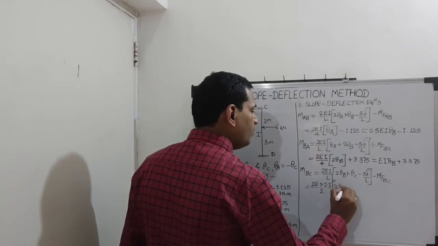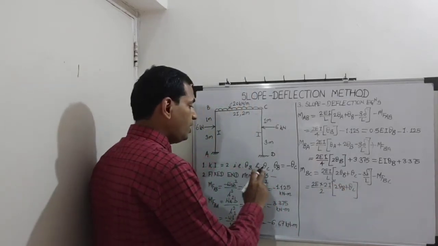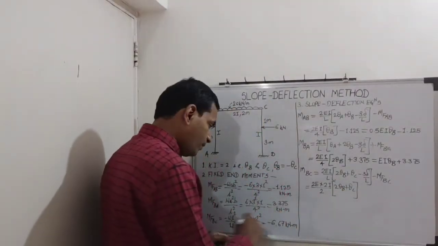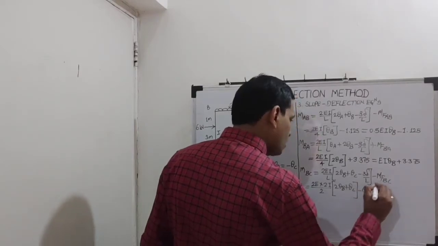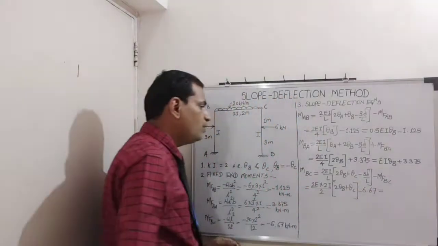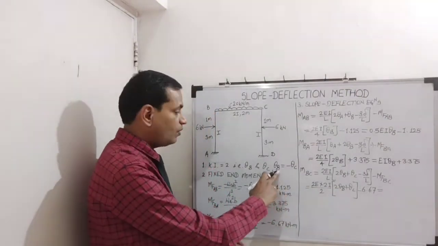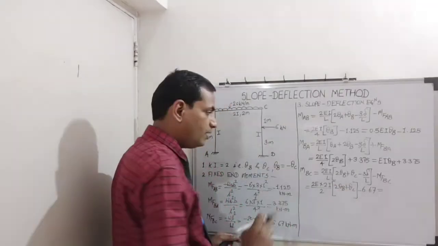Then 2 theta B plus theta C, both are unknown. MFBC is minus 6.67. So here we will substitute theta C as minus theta B, from this relationship.